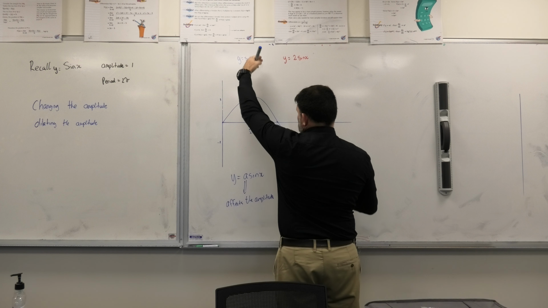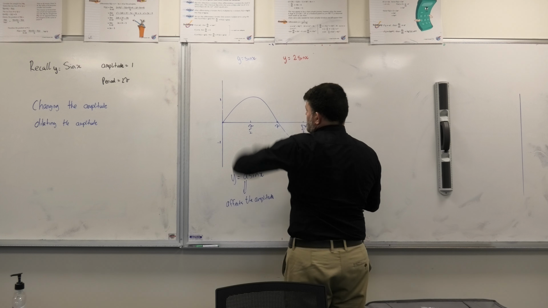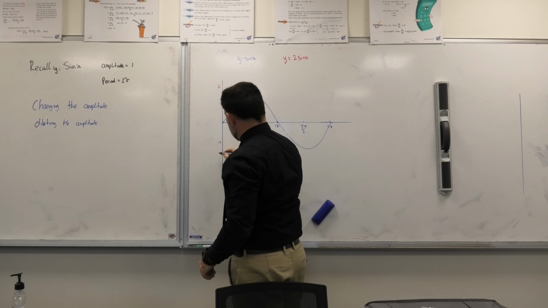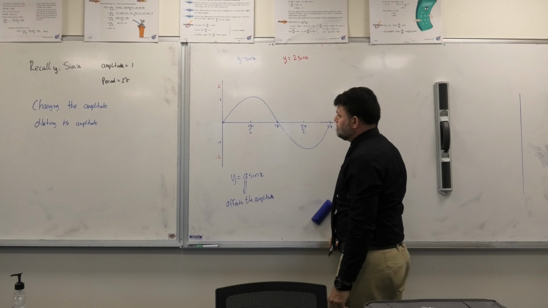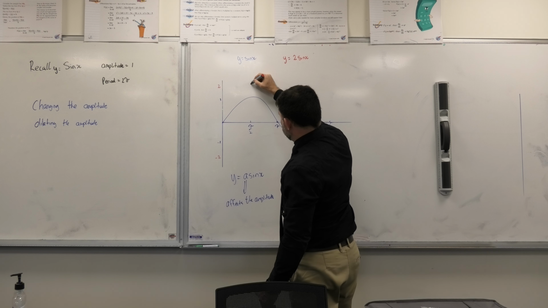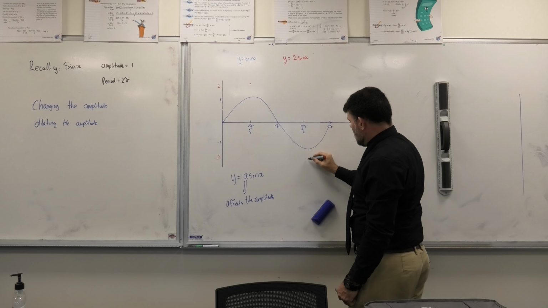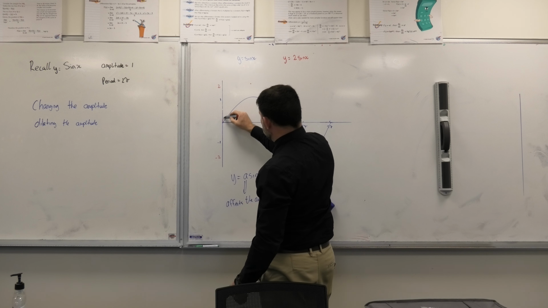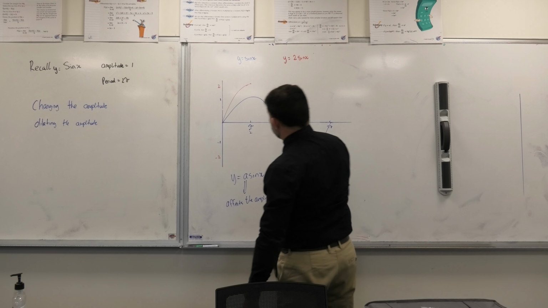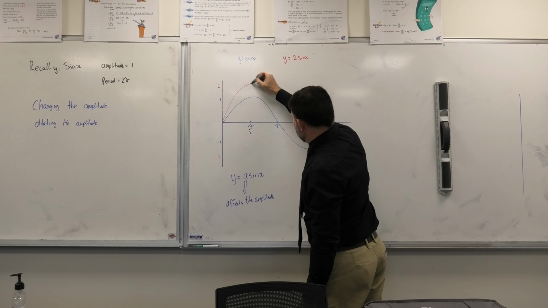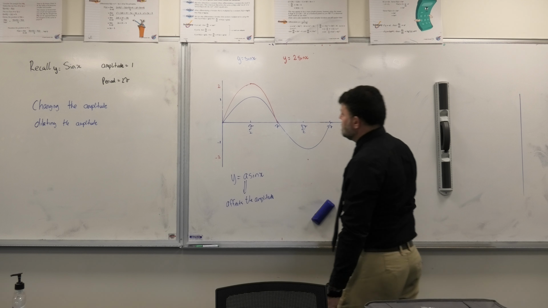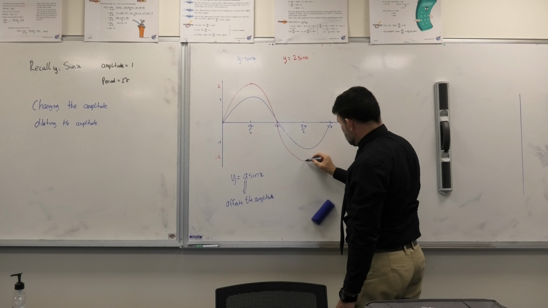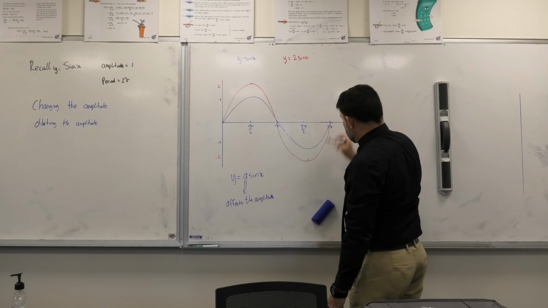So we're just dilating it, expanding it out. In this case, we'd start at 2 and go down to -2, so we'd put our dot up here and our second dot down here. We start from 0 again, come up to 2 where the amplitude is, down through pi, sharing the same x-intercept, down to -2, and then back up.